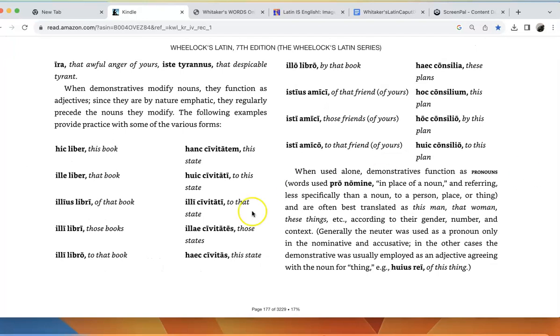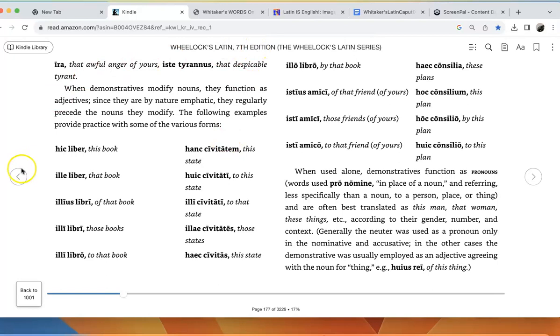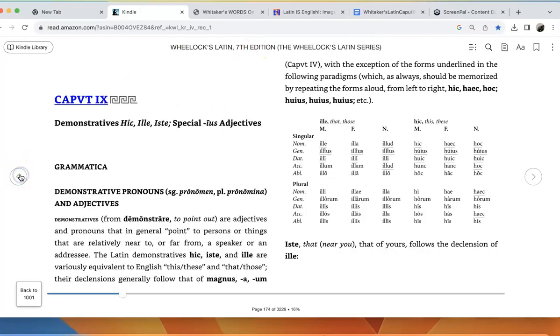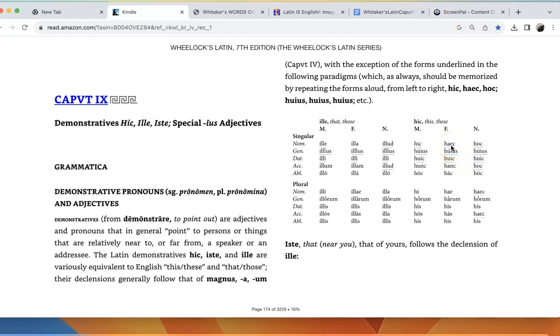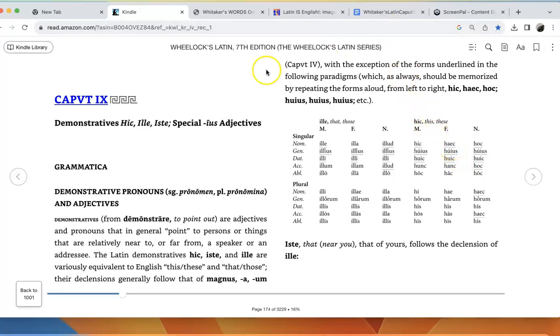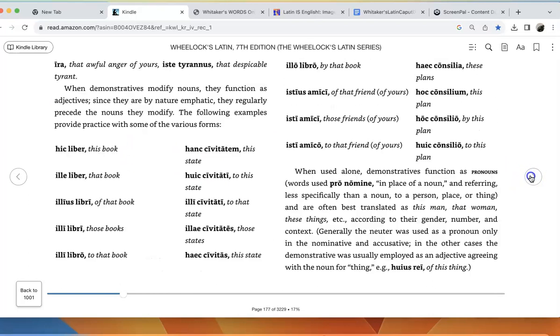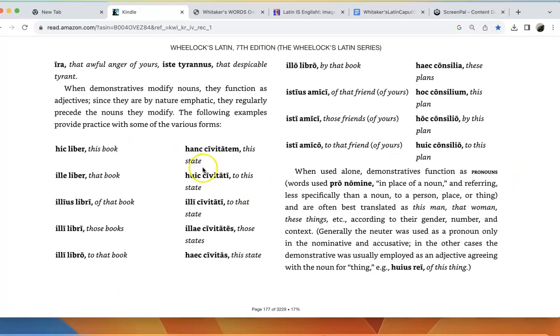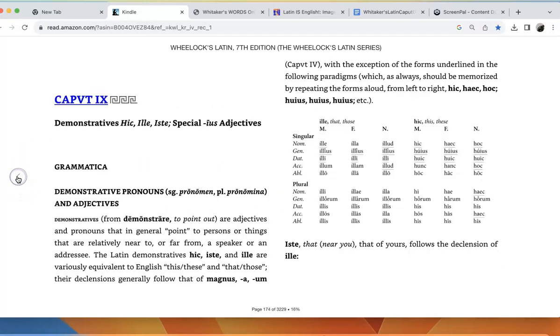Going back to these contrasting examples, here we have this state, and the reason it's this state is that state is feminine. So we're going to need the feminine ending. So we have hanc civitatem.